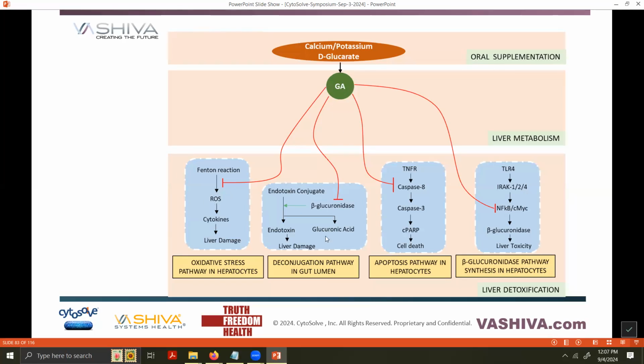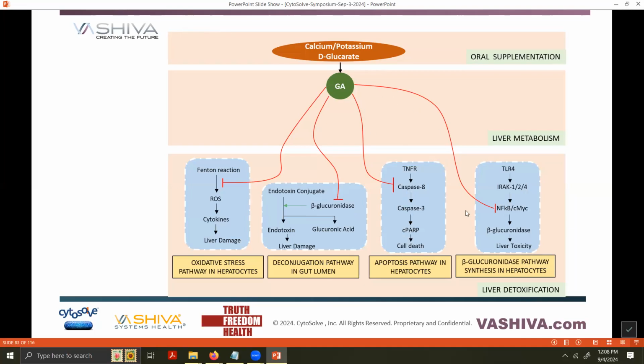In the second, the decarboxylation pathway, it inhibits the beta-glucuronidase enzyme, thereby preventing liver damage. And then in the cell death apoptosis pathway, it inhibits caspase 8, which is implicated in further downstream pathways that lead to cell death.